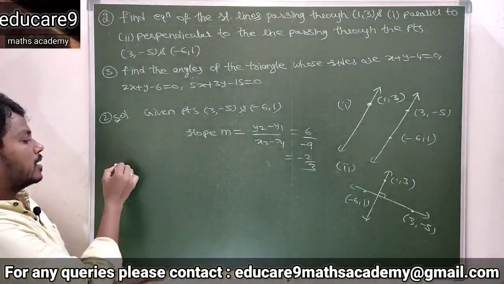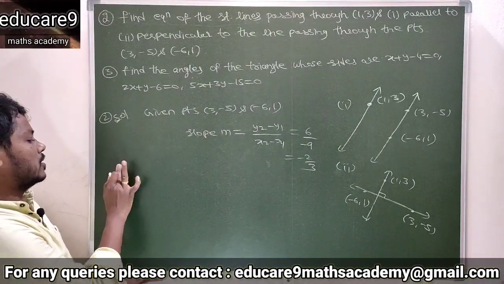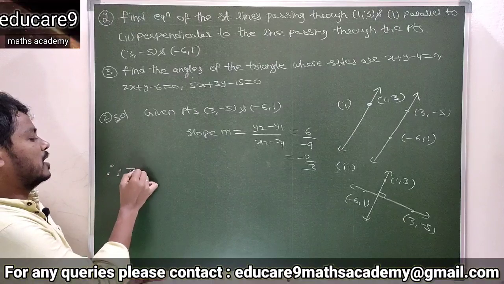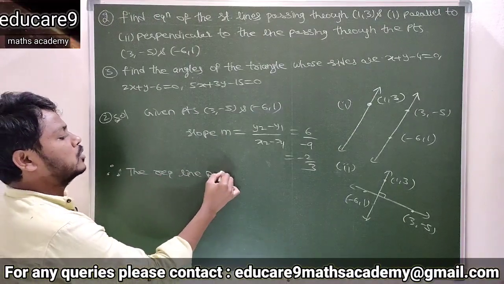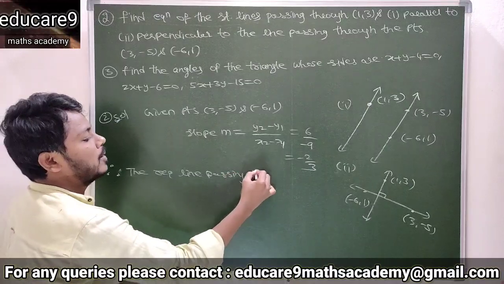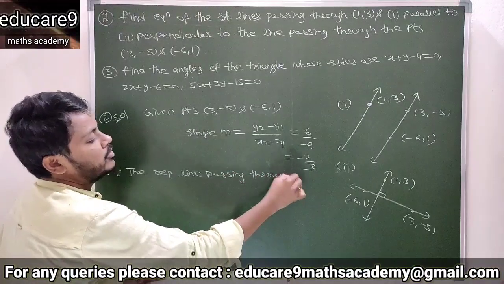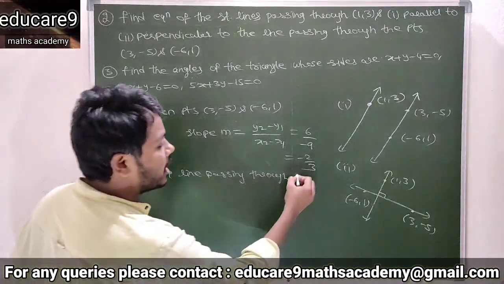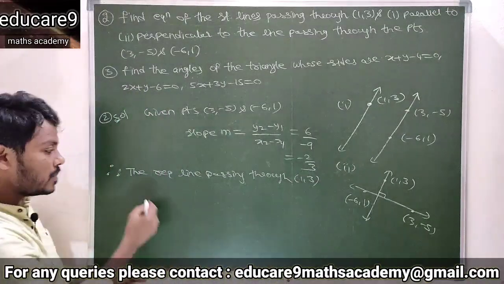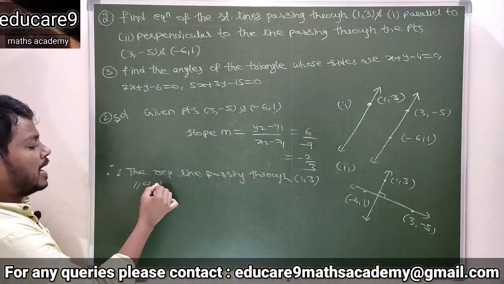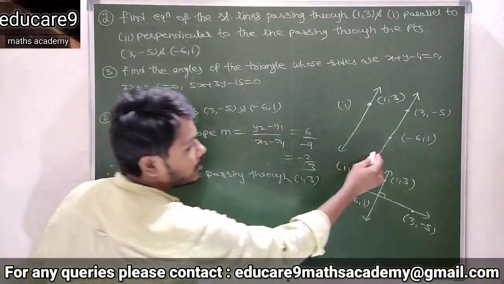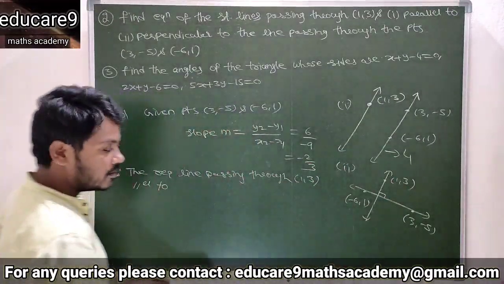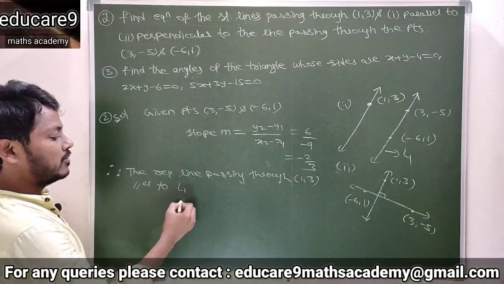Therefore the required line passes through the point 1, 3 and is parallel to this line. Suppose this is line L1, parallel to L1.